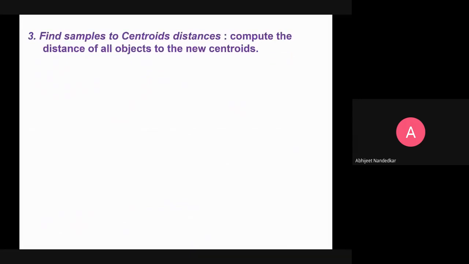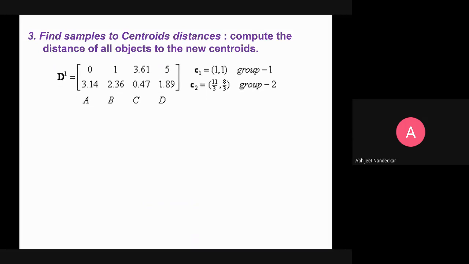Now find the sample-to-centroid distances. Once you have obtained the new centroids, you find the distance of sample A to group 1 and group 2, the distance of point B to group 1 and group 2, and so on.